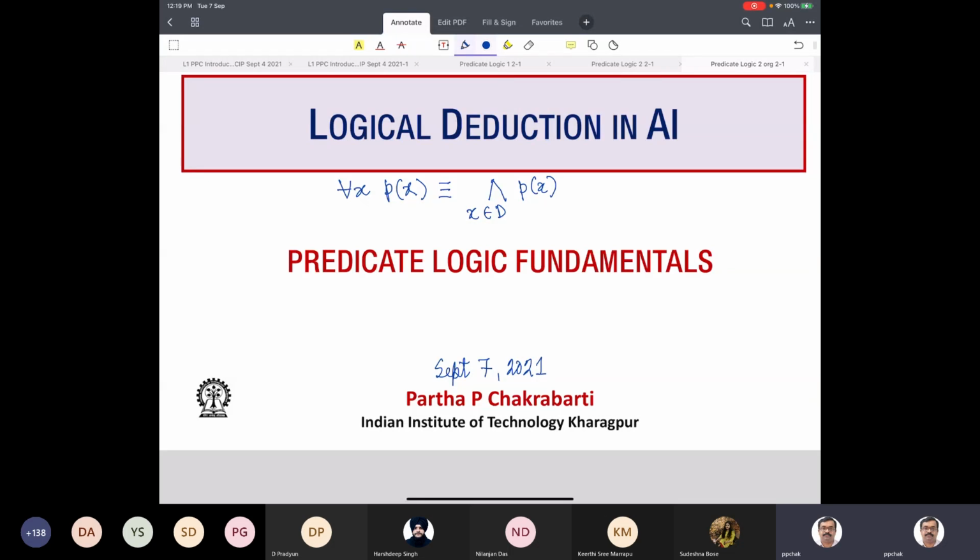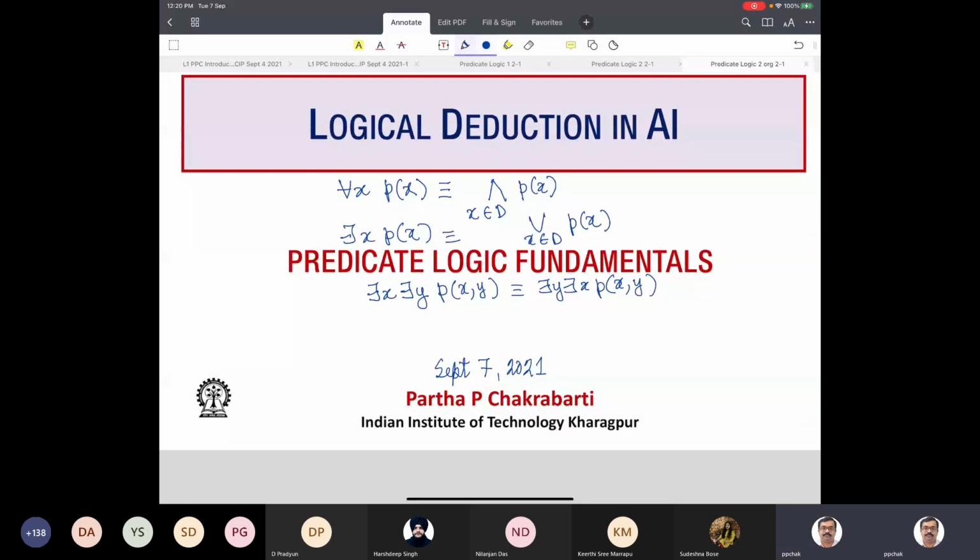So there exists x, px will therefore be an or operator. Now if you know this, then you can easily write there exists x, there exists y, pxy is equivalent to there exists y, there exists x, pxy, isn't it?